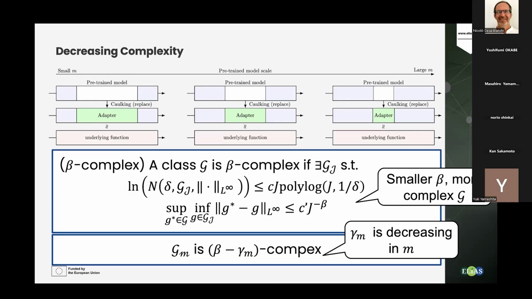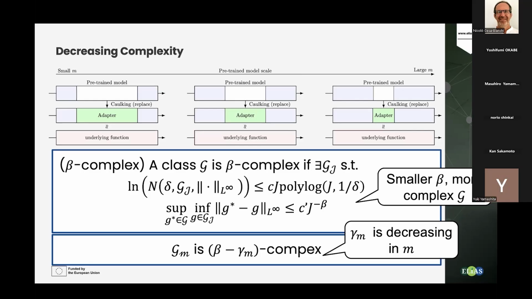So what is the complexity? I'm using the standard covering number and an approximation error trade-off to characterize the complexity. We assume the adapter model we need has increasing complexity, because a smaller beta here corresponds to a more complex adapter model.